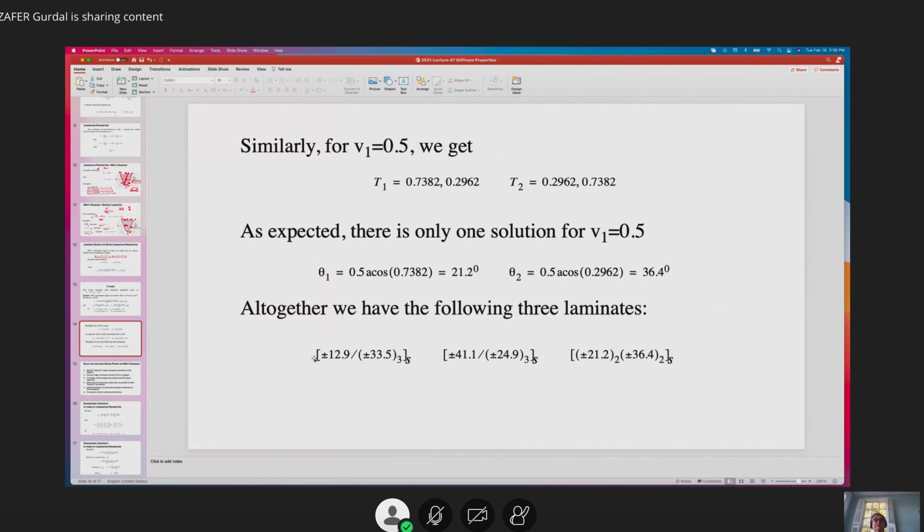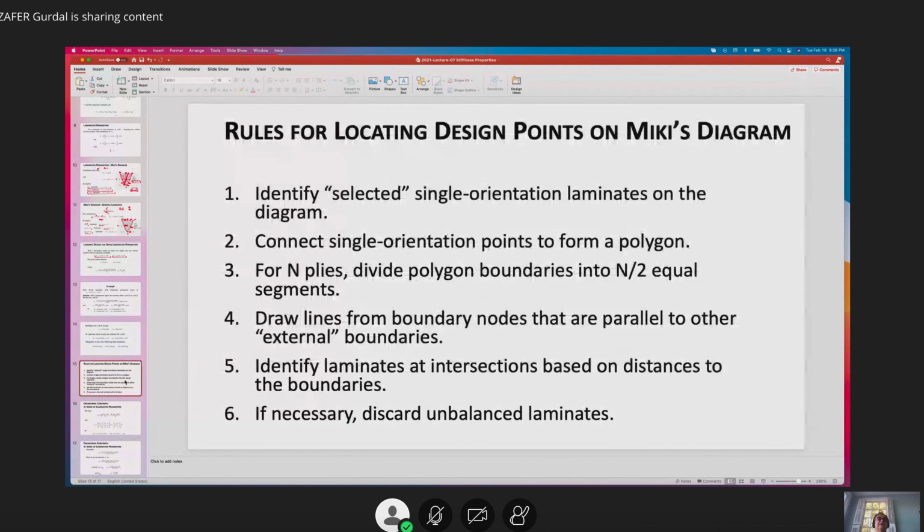So these are some of the laminates that you can find. I'm going to let you look at these examples. But basically, to build the Miki's diagram, you identify the selected single orientation limits on the diagram and the boundary of the diagram, and if they are inside, you can connect single orientation points to form a polygon, and for n plies, divide the polygon boundaries into n over 2 equal segments and draw lines from the boundaries.